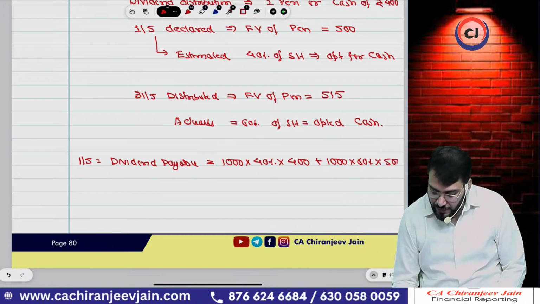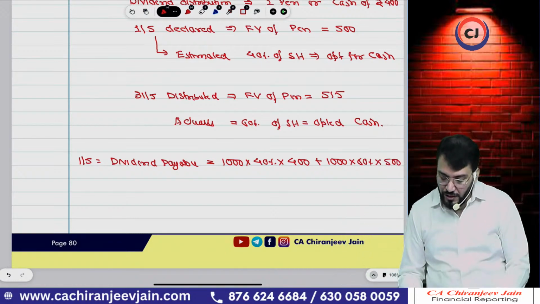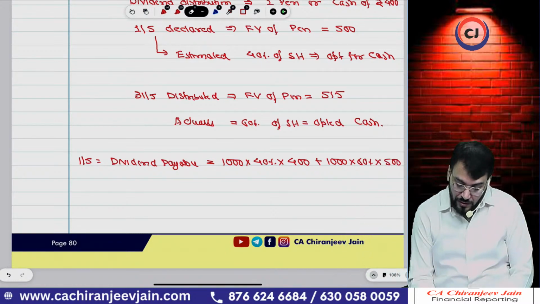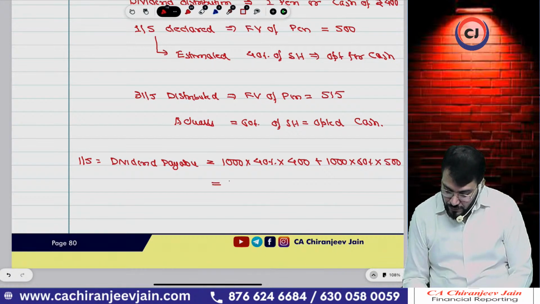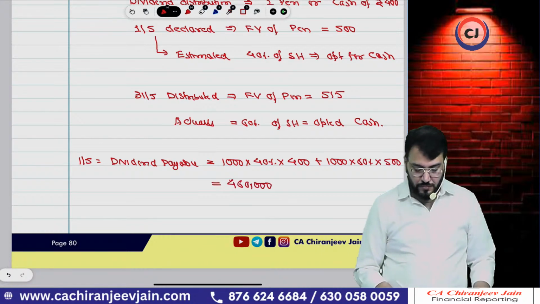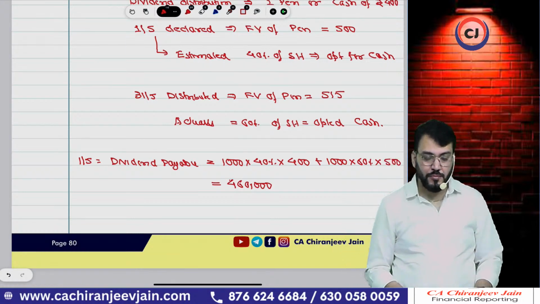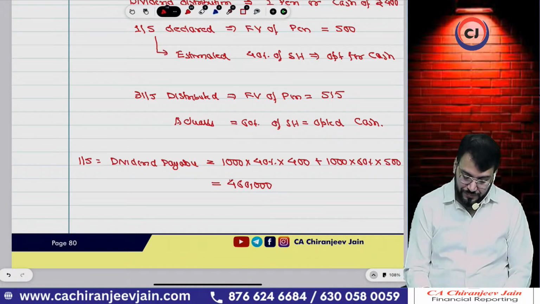They will take the pen, no? 500. Total is what? 4 lakh 60,000. Sure? 4,60,000. Say it.